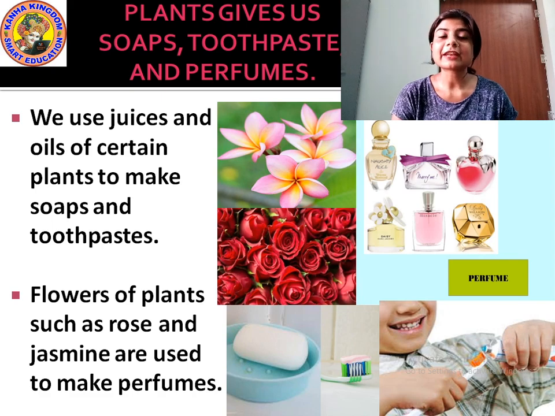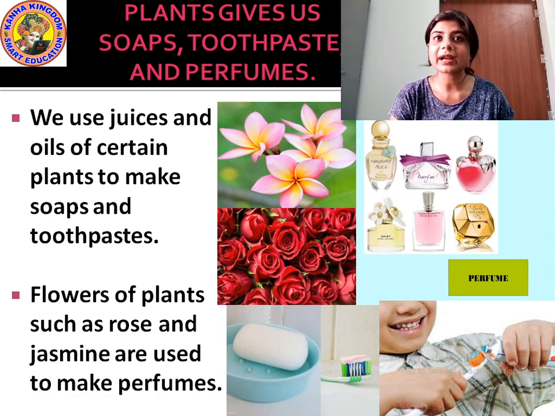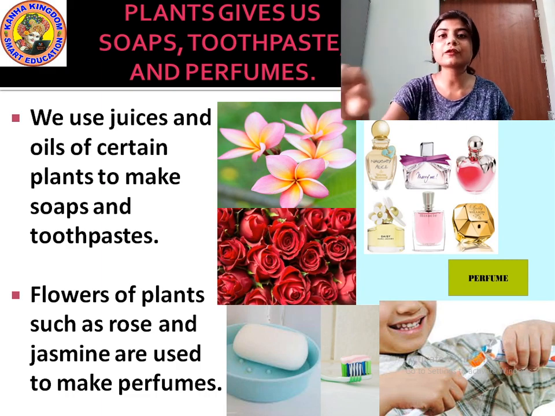Flowers like cauliflower and broccoli are the flower part of the plant that we eat as food. Then leaves like cabbage, lettuce and spinach. Then seeds of the plant like corn, groundnut, peas, etc. These are the seeds of the plant that we eat as food.